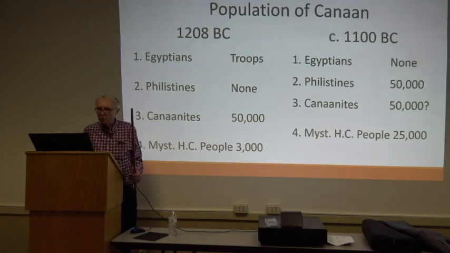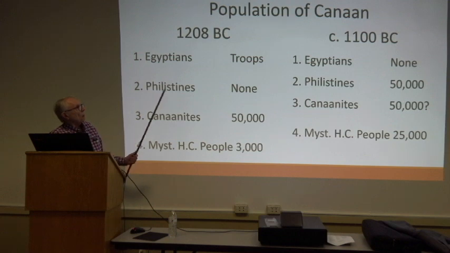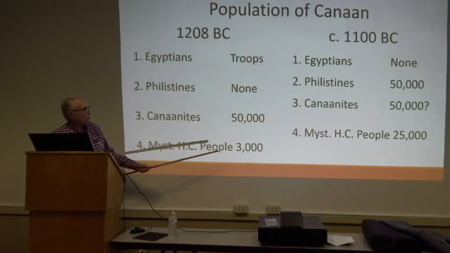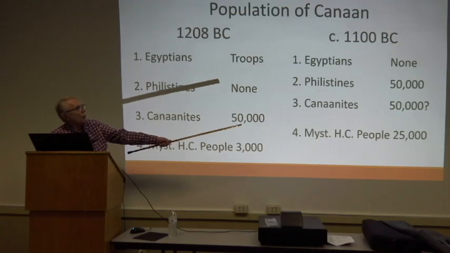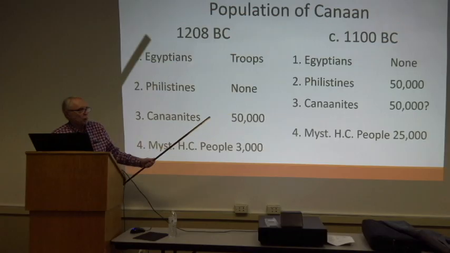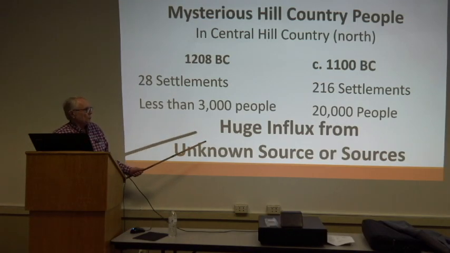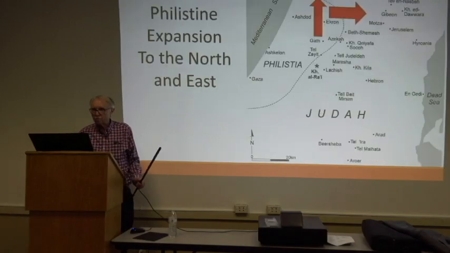And these are the populations. The hill country people in 1208 were about 3,000, whereas by 1100 there's about 25,000. A huge influx of the hill country people from unknown source or sources.